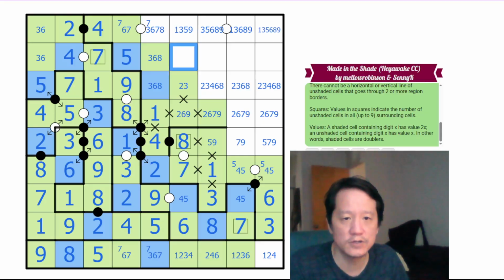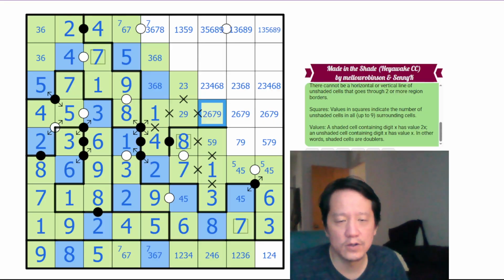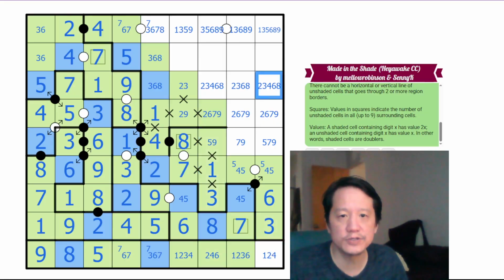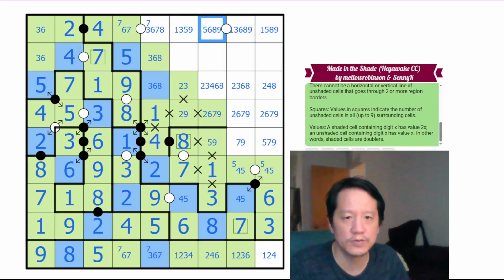Also 6 here, and 6 here. No 3 or 6 here. No 3 here because of 3 or 8 in the column.